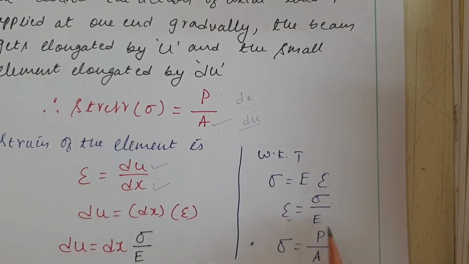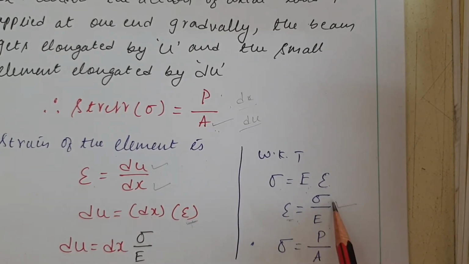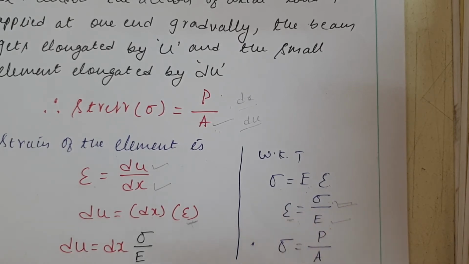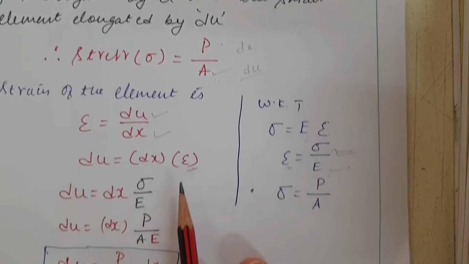So I am cross multiplying this equation: du will be equal to dx into strain, epsilon. Du will be equal to dx into epsilon. And we know strain will be equal to stress by Young's modulus, that I substituted here.